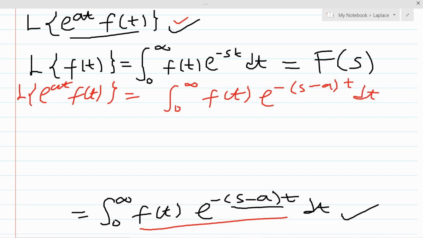When we were having Laplace of only f of t, the final answer was F of s, in terms of s. Here, considering this side, the general definition was having only minus s here. Here we have minus of the expression s minus a.